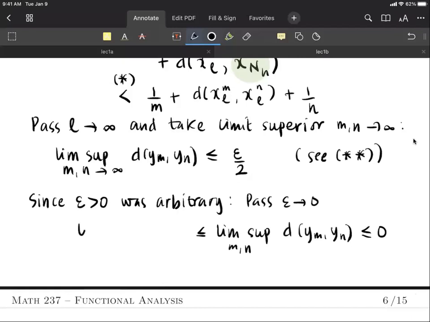As we know, the limit superior is greater than or equal to the limit inferior, and since distances are bounded from below by 0, this is non-negative.